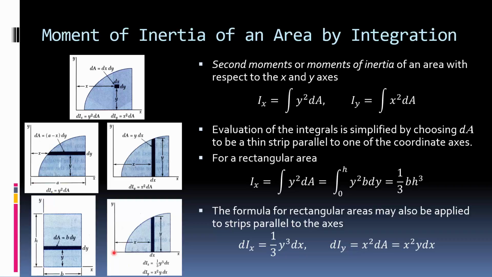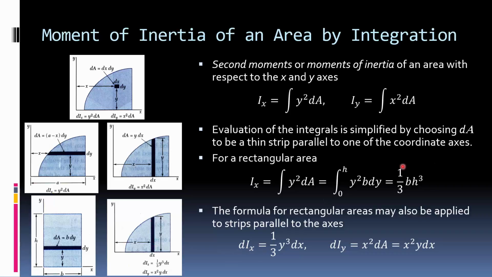So you cannot just say, hey, well, dIy is just x squared dA, so dIx is y squared dA, so the integral of y cubed dx. Well, it doesn't work that way because you cannot simplify a double integral to a single integral if it's not holding that thing constant. So instead, what are we going to do?